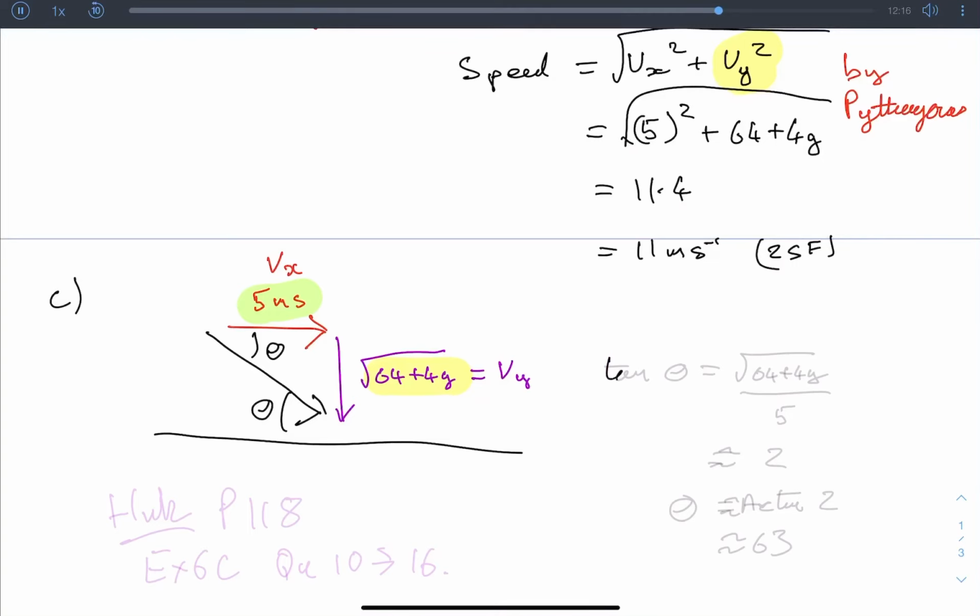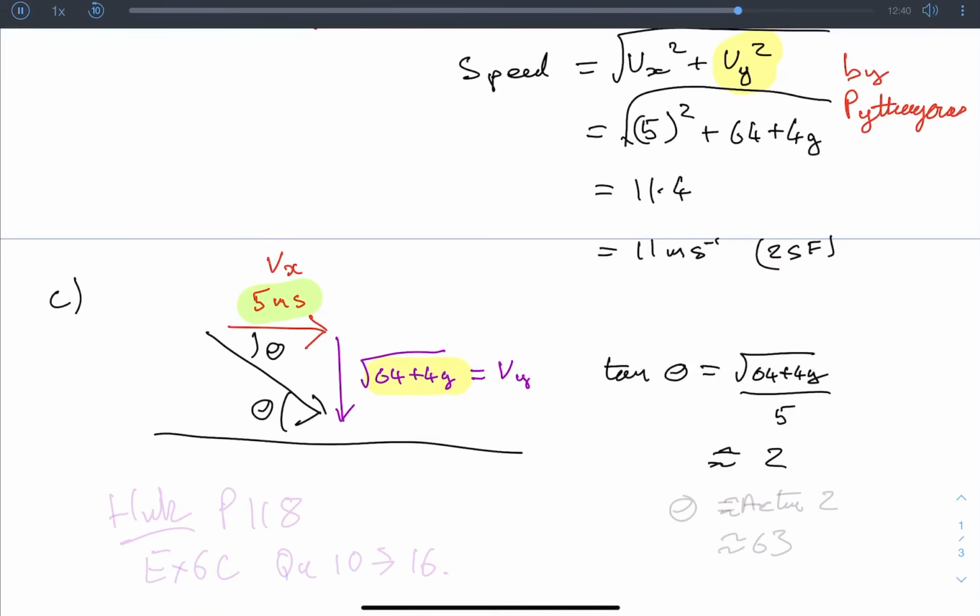So tan theta equals the opposite, which is the square root of 64 plus 4g, over the adjacent, which is 5. Again, reach for the calculator, 64 plus roughly 40 is roughly 100, square root it, over 5, so it's roughly 2.